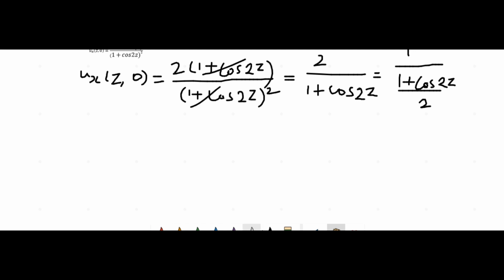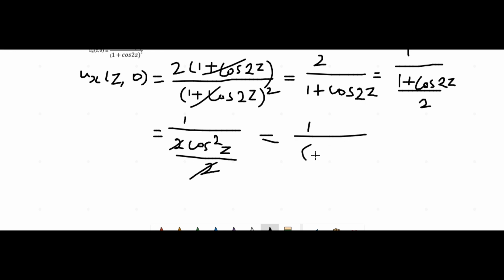Now 1 plus cos 2z is 2 cos square z, so that is 1 by 2 cos square z divided by 2, and the 2 will be cancelled. Finally we get only 1 by cos square z.